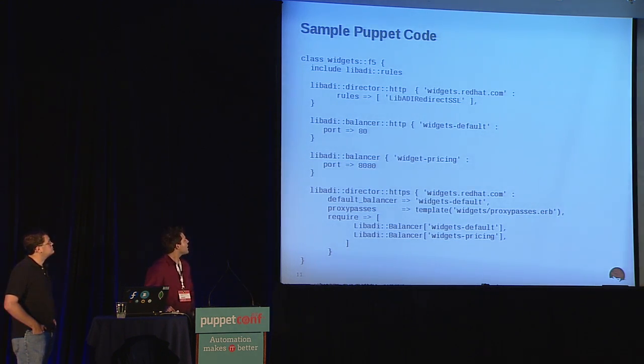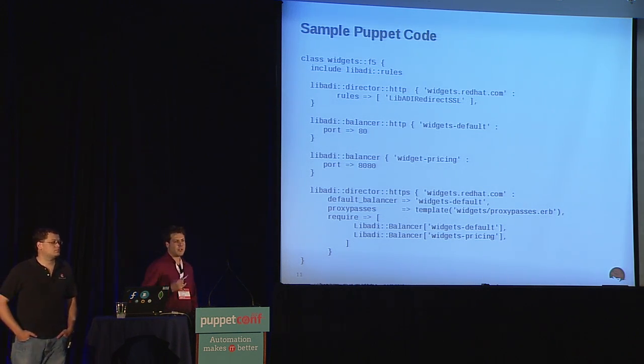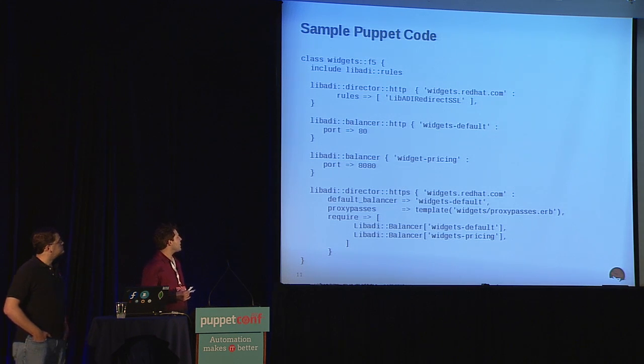If you take a look at the first director that we have defined, libadi director http widgets.redhat.com, we're passing it a rule called libadi redirect SSL, which is the one that we use anytime we have a site that simply has to use SSL, and we're going to be redirecting all traffic from 80 to 443.